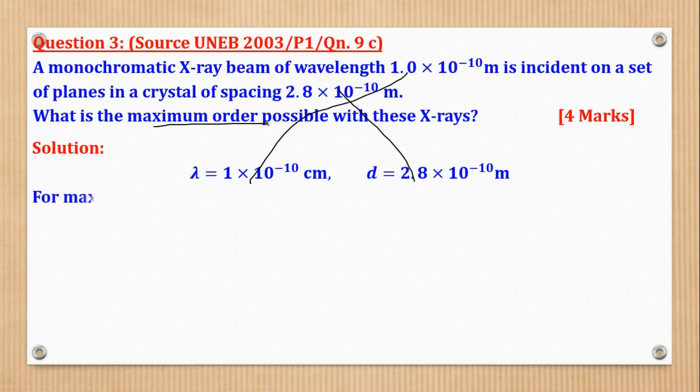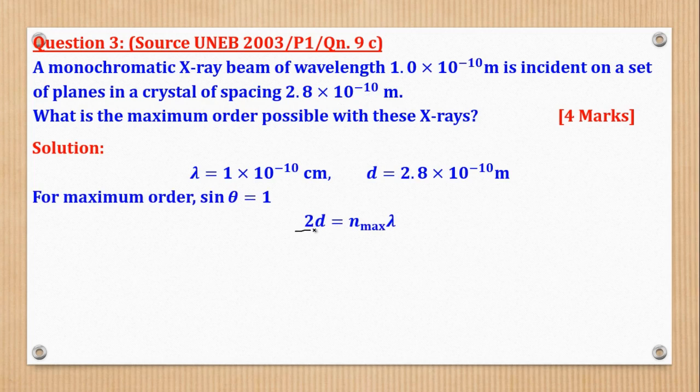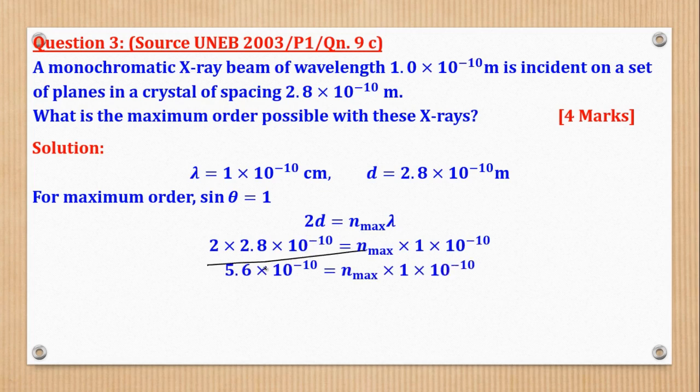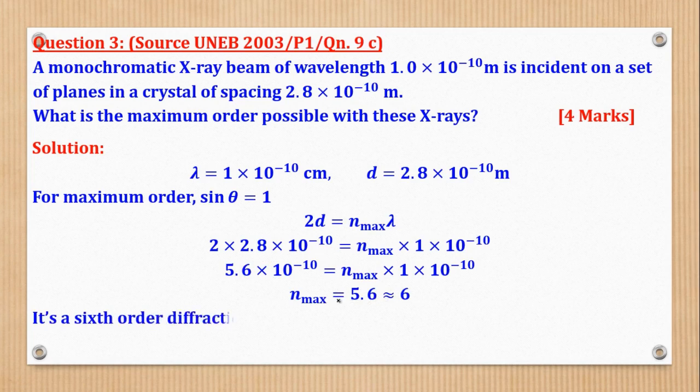So for maximum order, remember, sine theta must be equal to 1. Therefore, we say that 2d is equal to n max lambda. So we shall substitute for d and for lambda and remain with n max as the only unknown. To simplify, the left hand side is that, then make n max the subject. It is 5.6, you round off to a whole number, which is 6. Therefore, it is a 6th order diffraction.